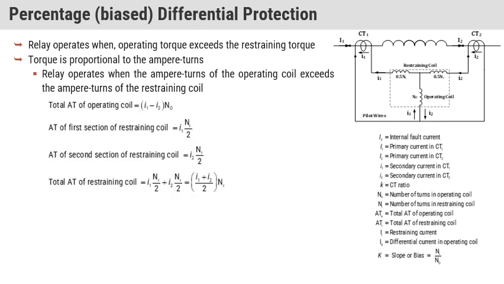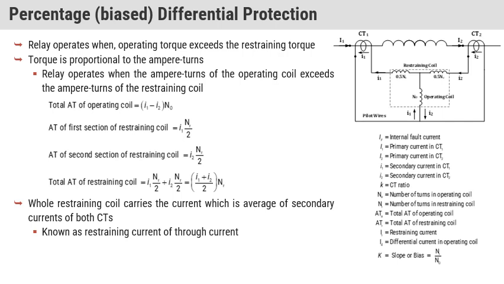The total ampere turns of the operating coil is (I1 minus I2) times N0, the ampere turns of the first section of the restraining coil is I1 times N/2, and for the second section it is I2 times N/2. So the total ampere turns of the restraining coil is the summation of both. The whole restraining coil carries a current which is the average of the secondary currents of both the CTs, known as the restraining current or through current.